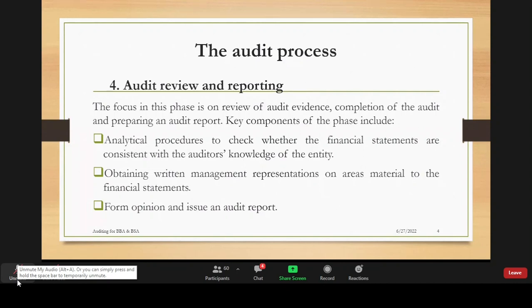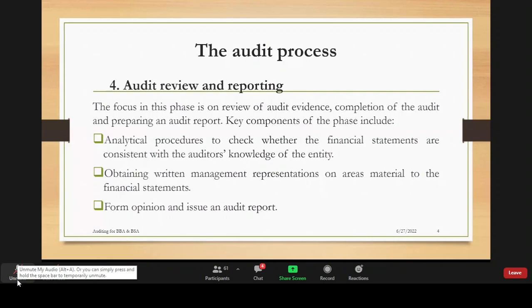The reason is, just imagine how many transactions would you expect MTN to have in a year, MM? There will be millions and millions and millions of transactions, isn't it? And that is over a period of 365 days. But when you do an audit, you can do an audit for like 7 weeks.